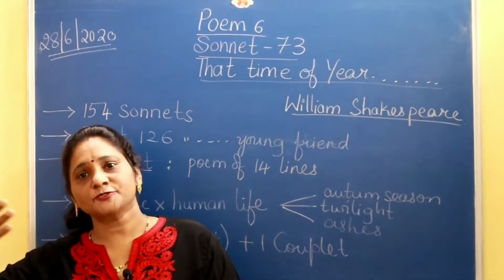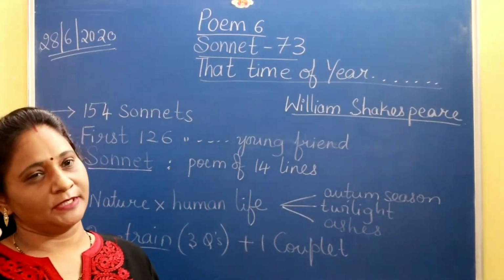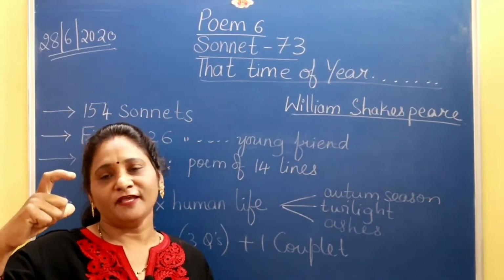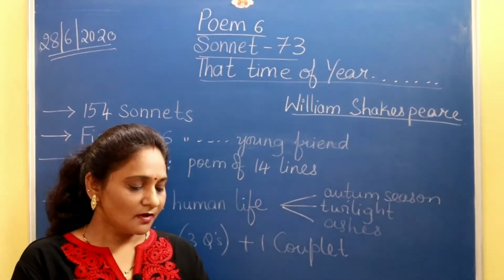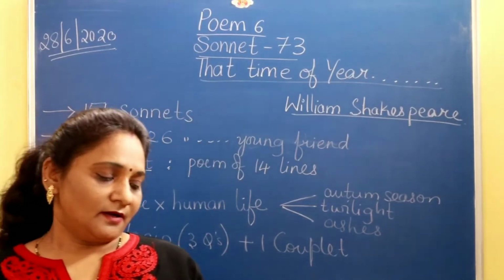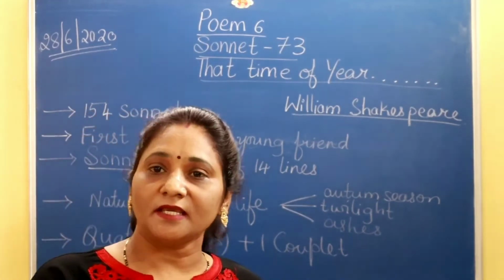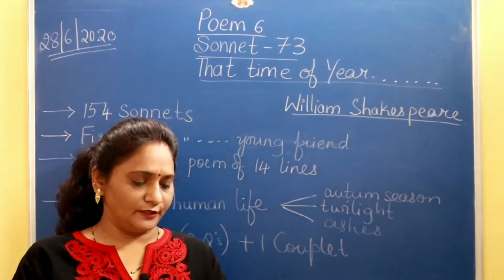Right from birth to death, we come across so many things. During this short period of time, we have to strengthen our relationships. Here in this poem, we can see there are many images. There is a structured rhyme scheme in the poem, which makes the poem beautiful.